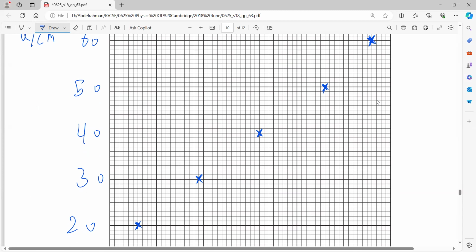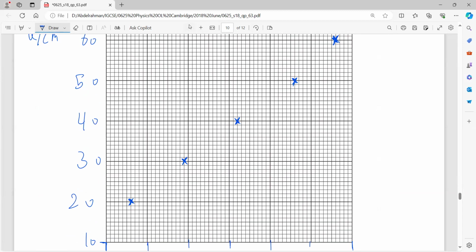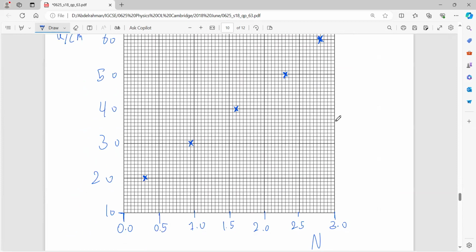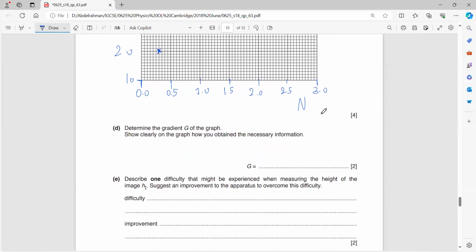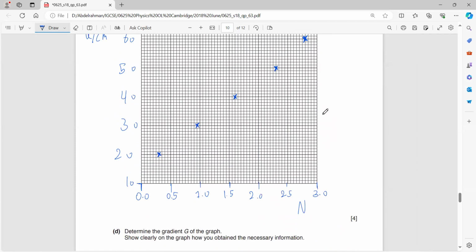These are the points. It's quite obvious that it will be a best fit line, definitely a straight line. And then I need to calculate the G, the gradient.